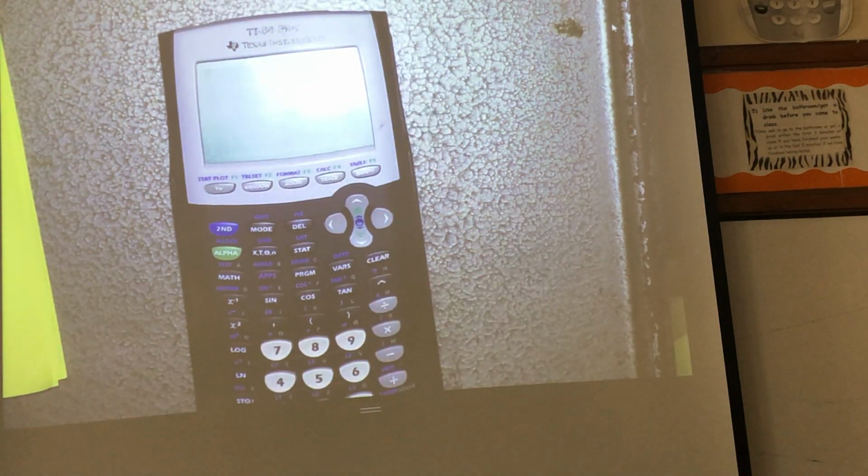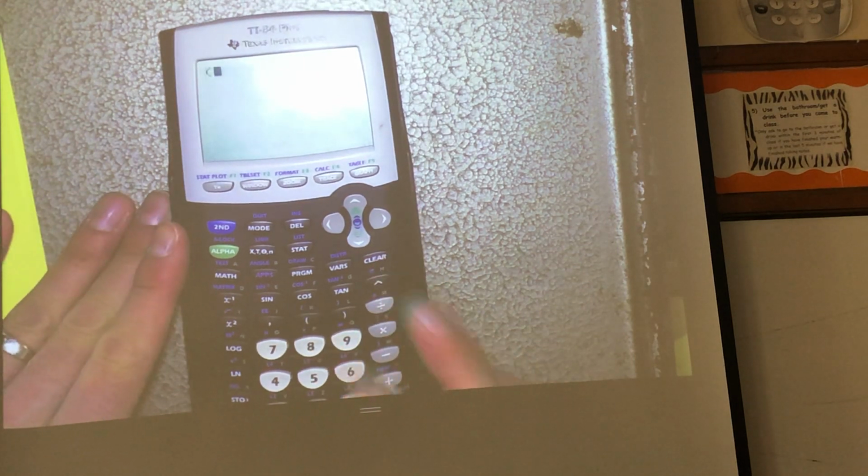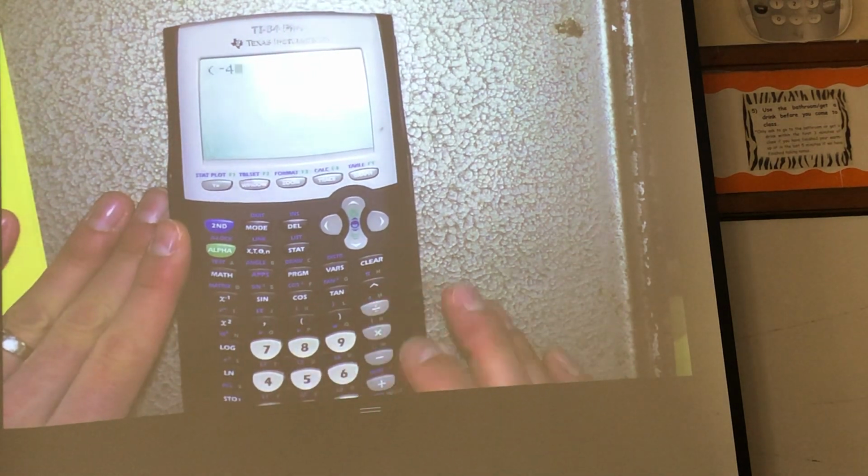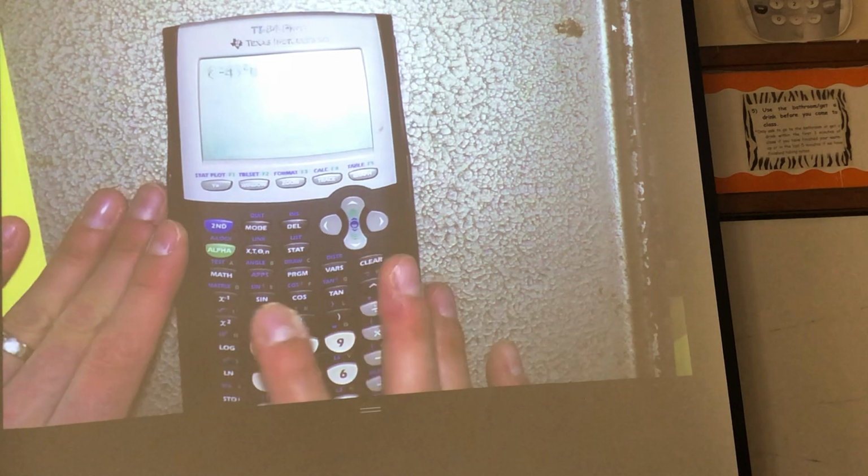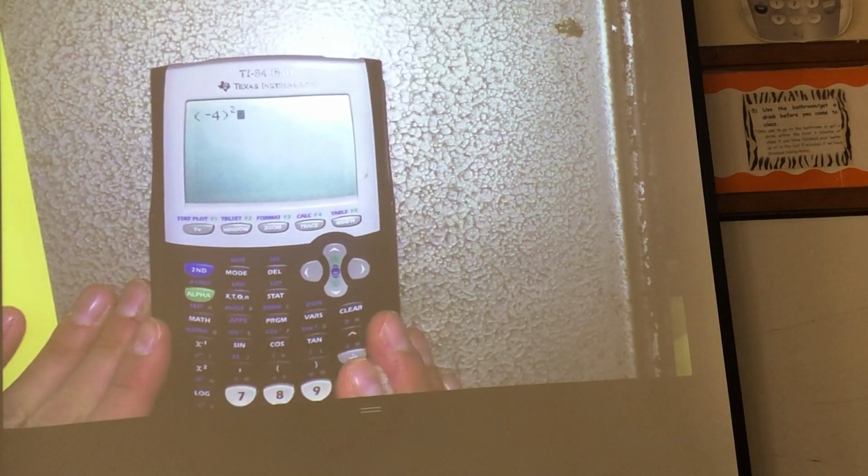So we have parenthesis -4 squared minus 4 times 1 times -3. So I'll get 28.